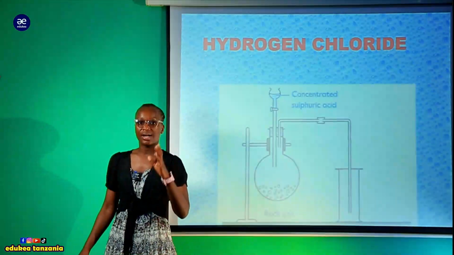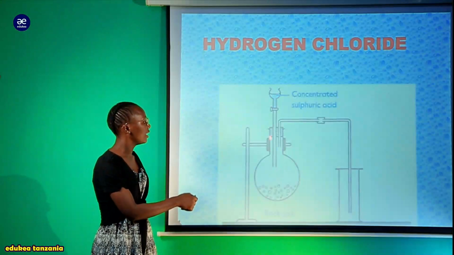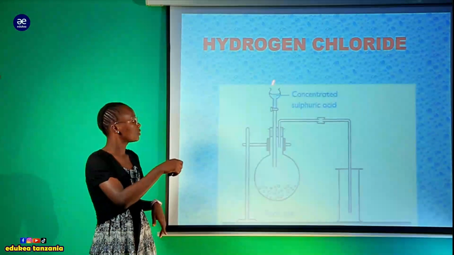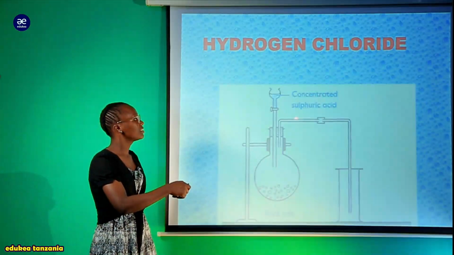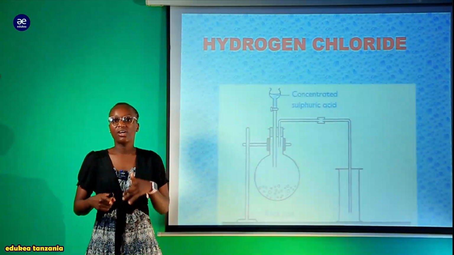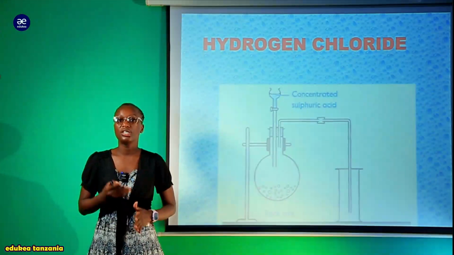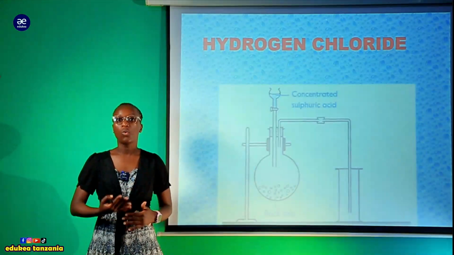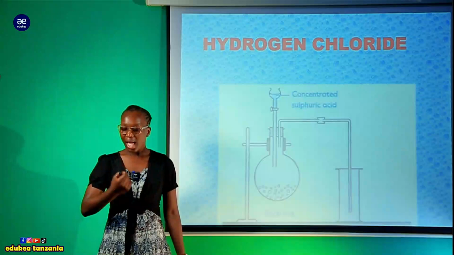We have our crystals of sodium chloride, but here also we have this funnel. We have this funnel ambayo hii funnel ndo hapa tunaingiza au tunamimina this concentrated sulfuric acid, ili sulfuric acid ikareact na hii rock salt ili tukaweza kupata what we need or what we want to prepare, ambayo actually is hydrogen chloride gas.